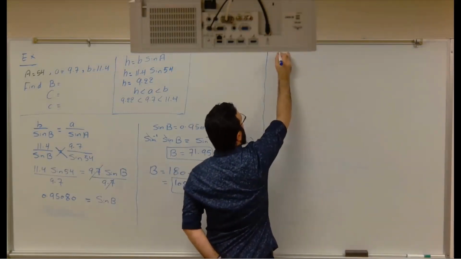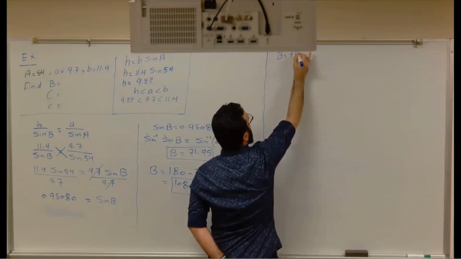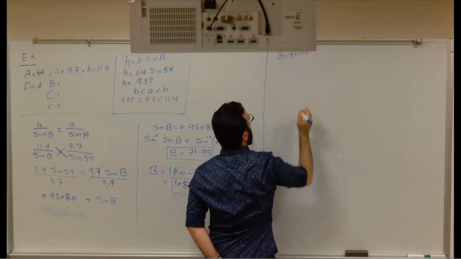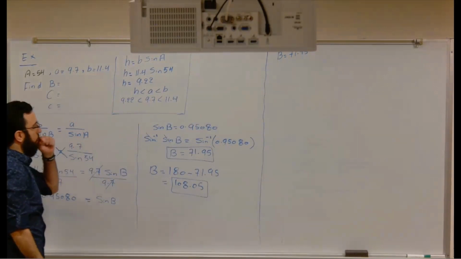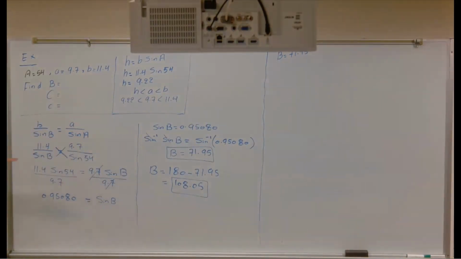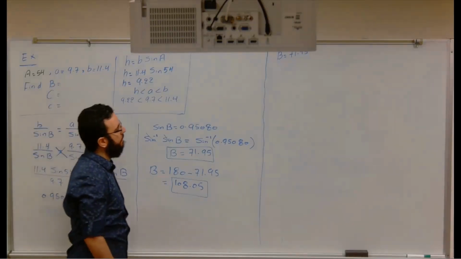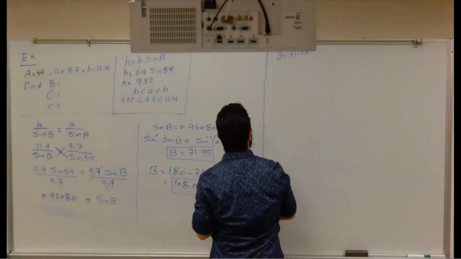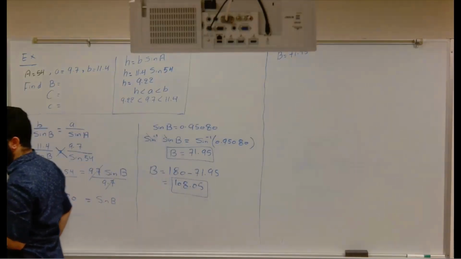So when B equals 71.95, now I'm gonna use B equals 71.95. And I have A and B. I need to find capital C. How am I gonna find capital C? This is the B I found.